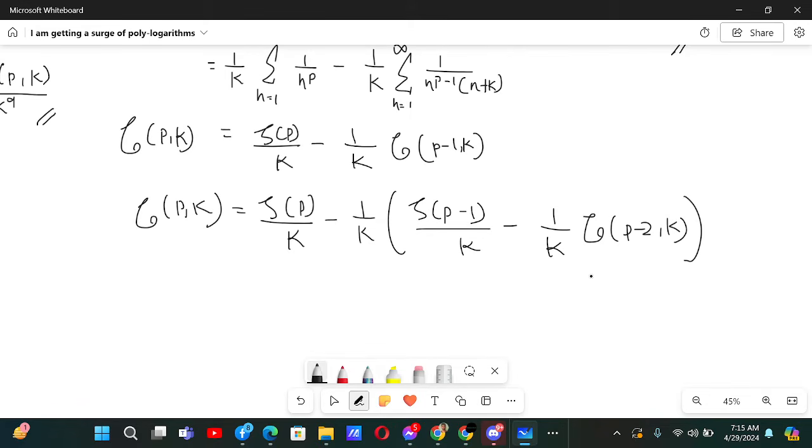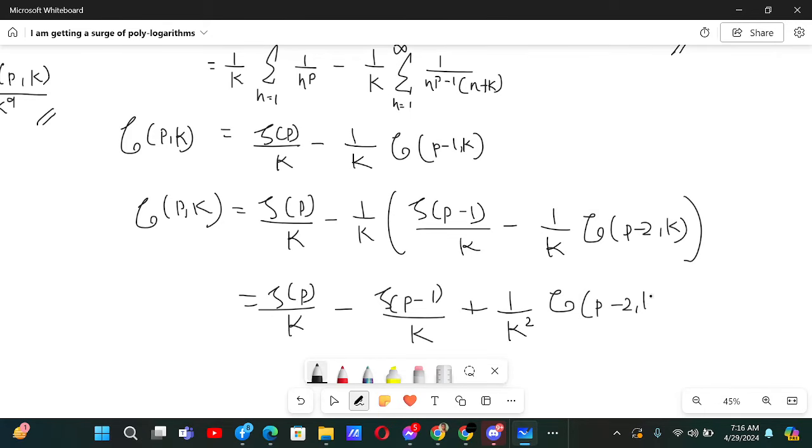Yes, and we can proceed in a similar manner. Let me write the terms first. Also notice that the signs are changing: minus, minus, now it will be plus 1 by k square times the function of p minus 2 comma k.